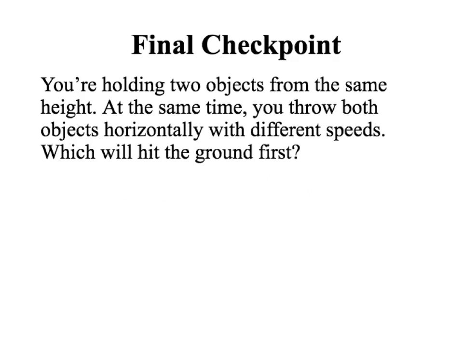So now we go back to our original question. When you throw both objects horizontally with different speeds at the same time, which will hit the ground first? If you say both of them, then you're correct. It's both. If you think back to the image with the two softballs where one is dropped and one is thrown horizontally, both should hit the ground at the same time.